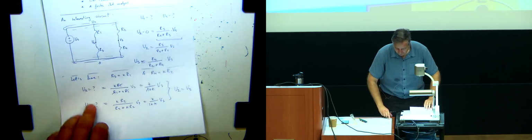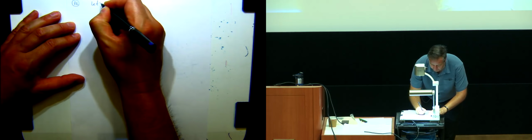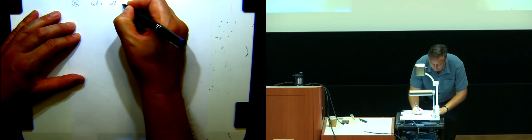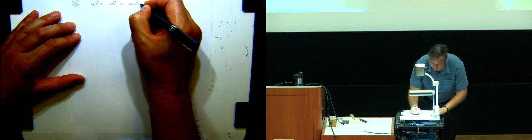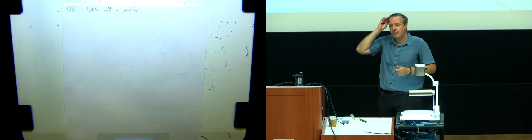Okay, so from here, let's make the next move. Let's add a resistor. Remember, we're building up bottom up from something we know, which was a voltage divider.